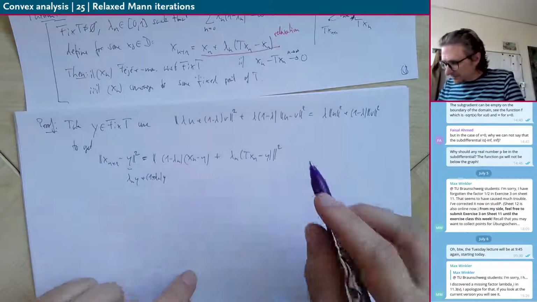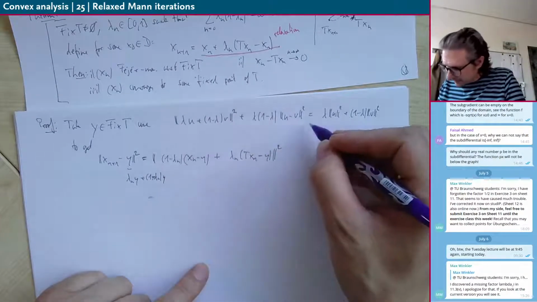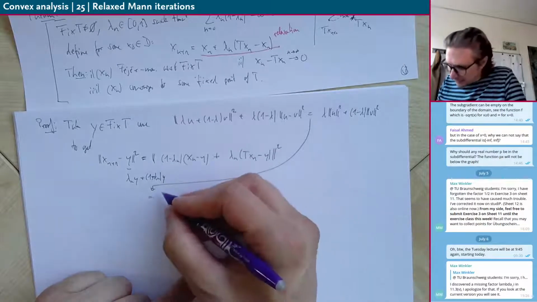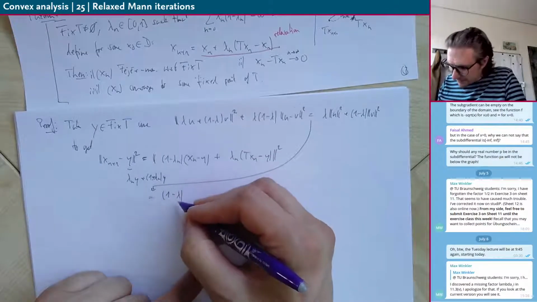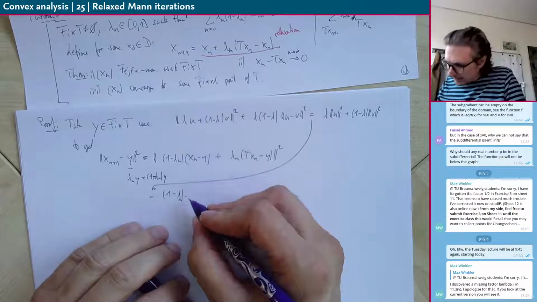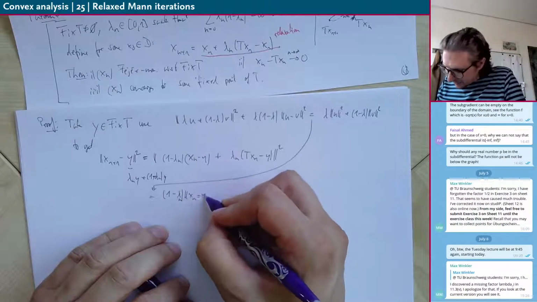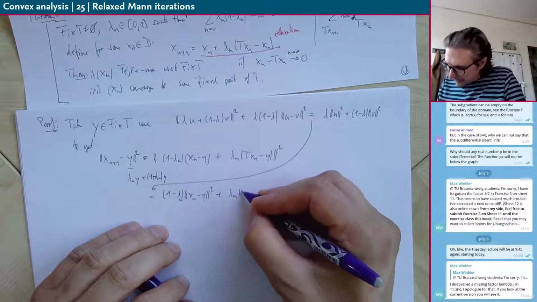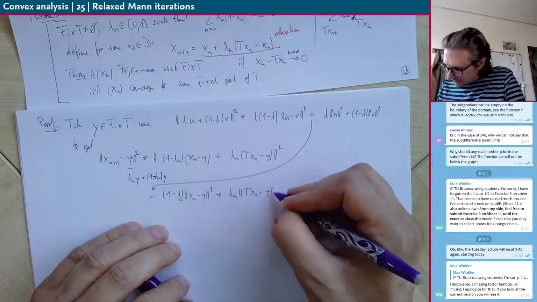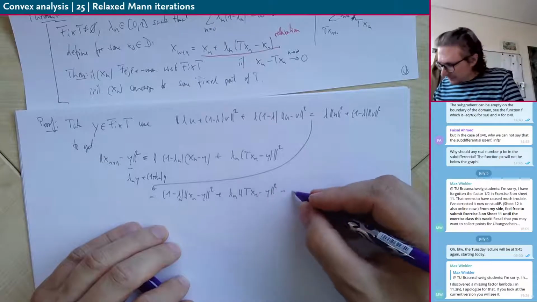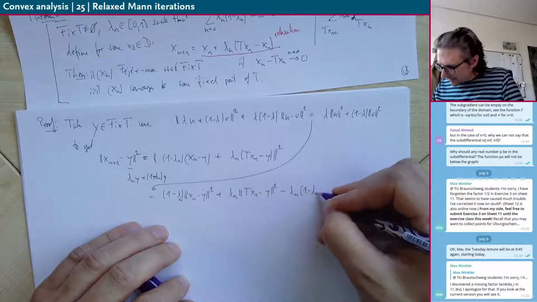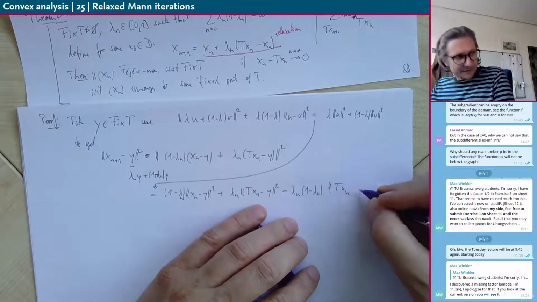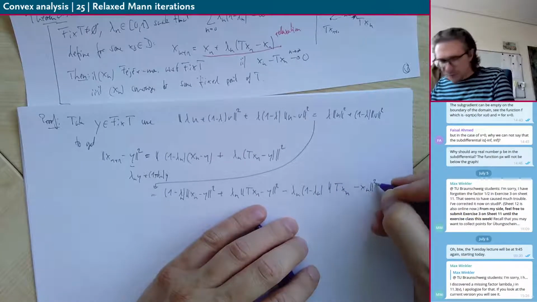And then we use this equality here and expand to 1 minus lambda n times the norm of xn minus y squared, plus lambda n times the norm of T xn minus y squared, minus lambda n times 1 minus lambda n times the norm of T xn minus xn squared.